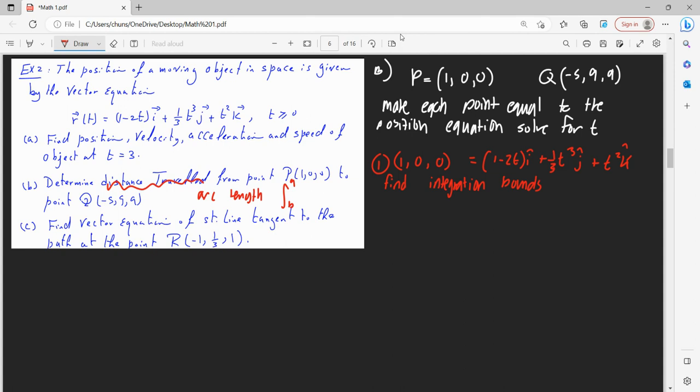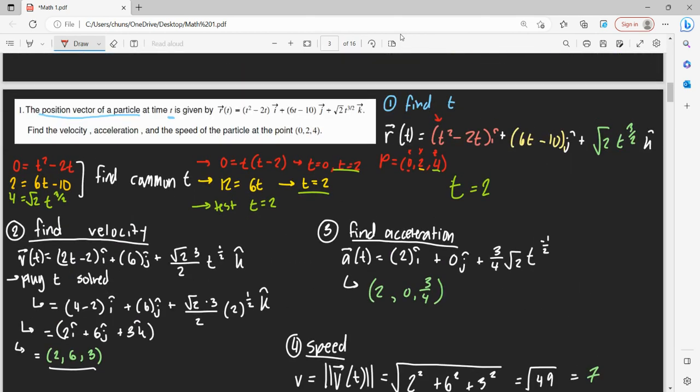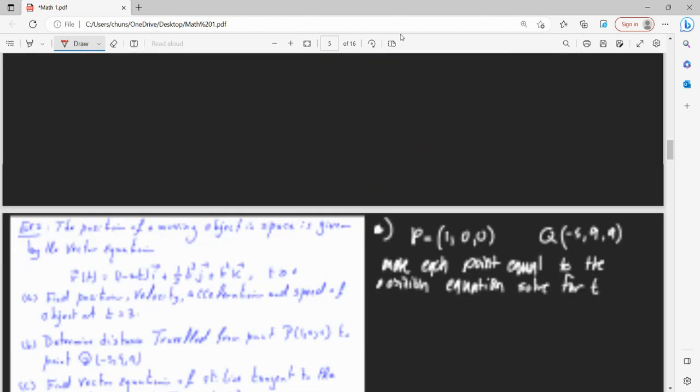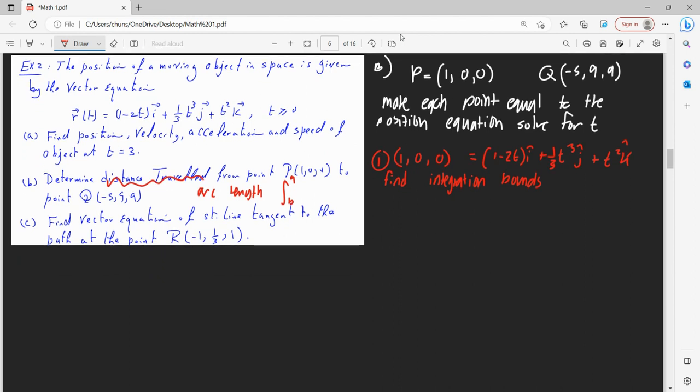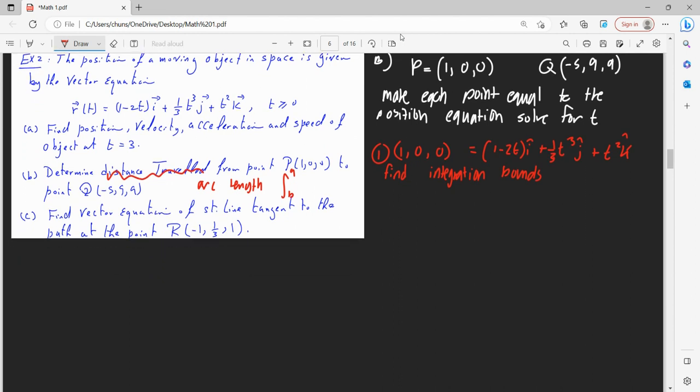All right, so this is the same kind of thing that we did up here, where we had to isolate each separate component. So using our x components here, we know that 1 is equal to 1 minus 2t, solve for t.